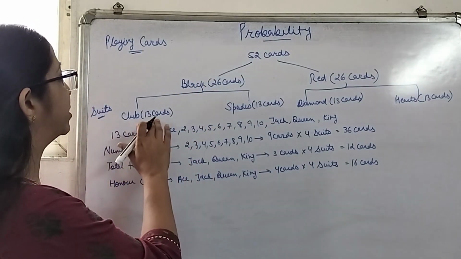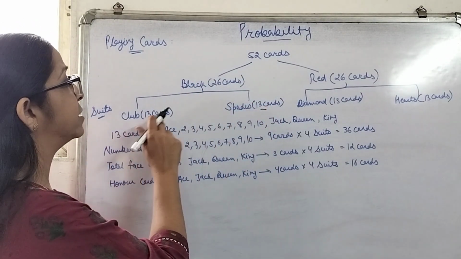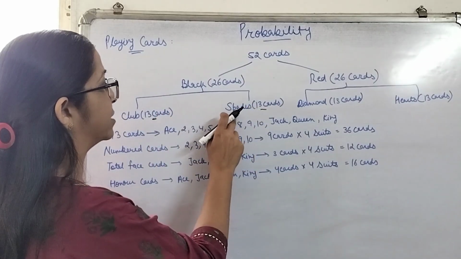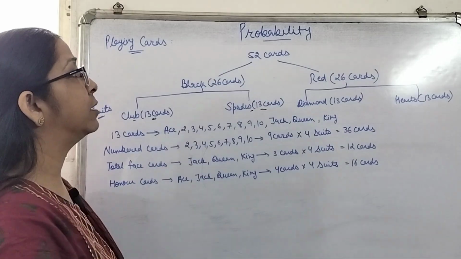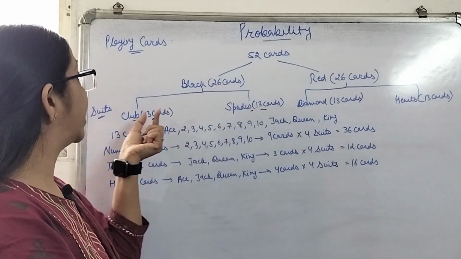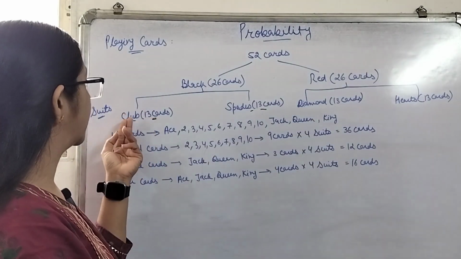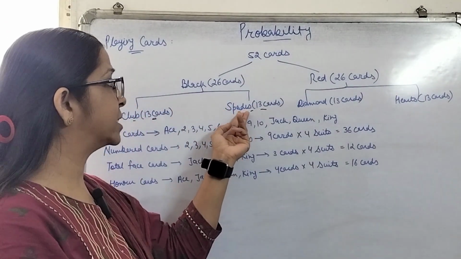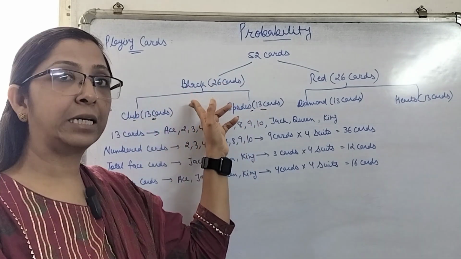For every suit, there are 13 cards. 13 cards of club and 13 cards of spades, and the total will become 26. So these two types of suits are black in color.